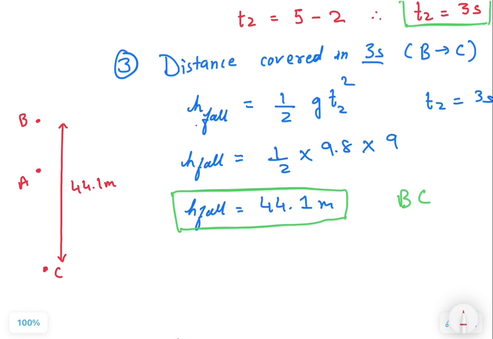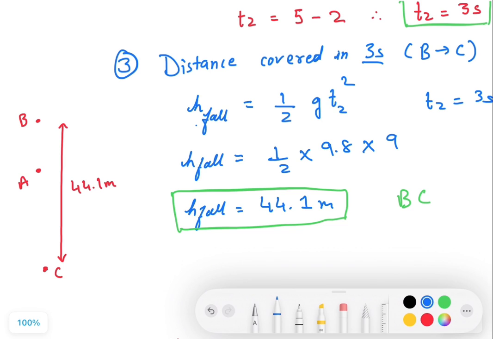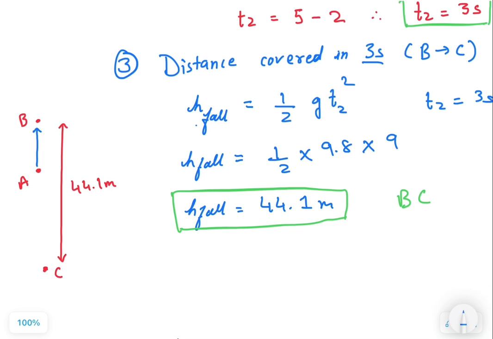Now let's find AB. Then BC minus AB will give us AC, and that is the height of the tower.